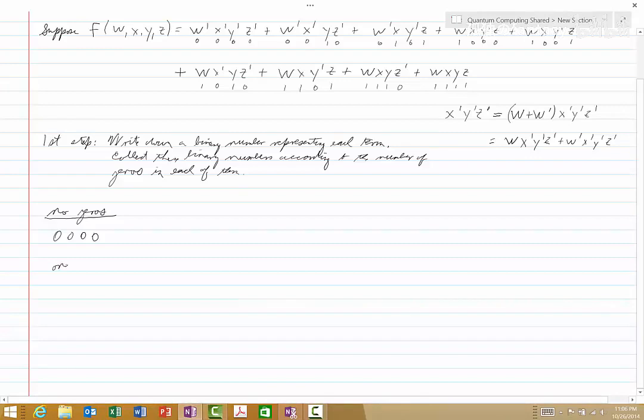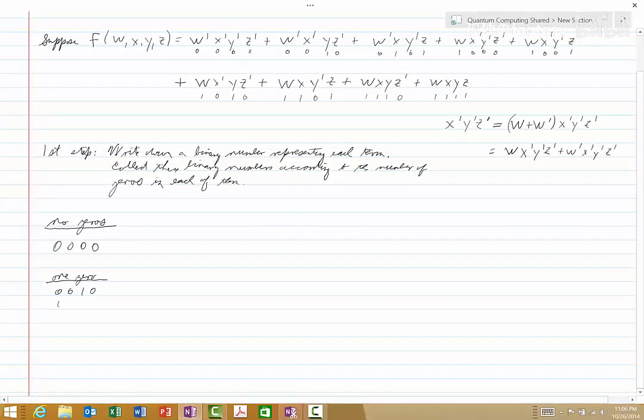Now let's list all terms that have one 0. Well, 0, 0, 1, 0 is one of those, and 1, 0, 0, 0 is another one. And those are the only two that have one 0.